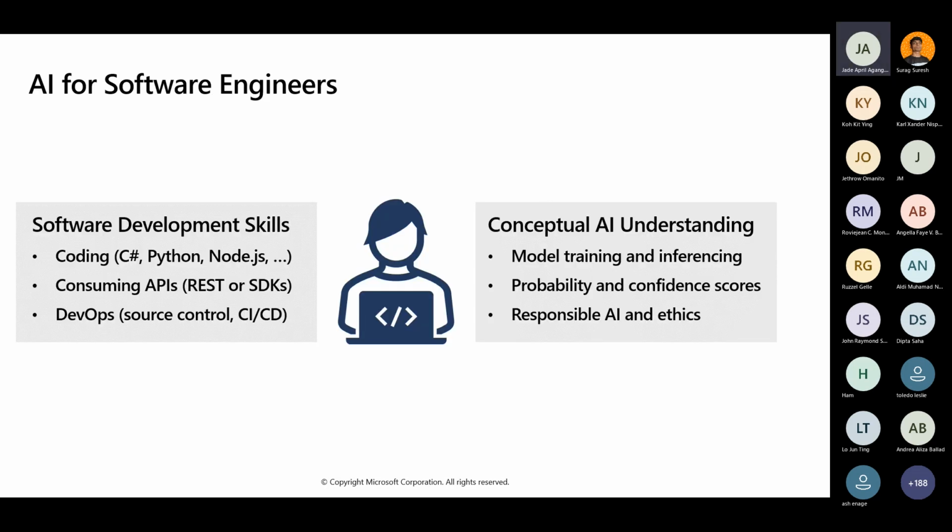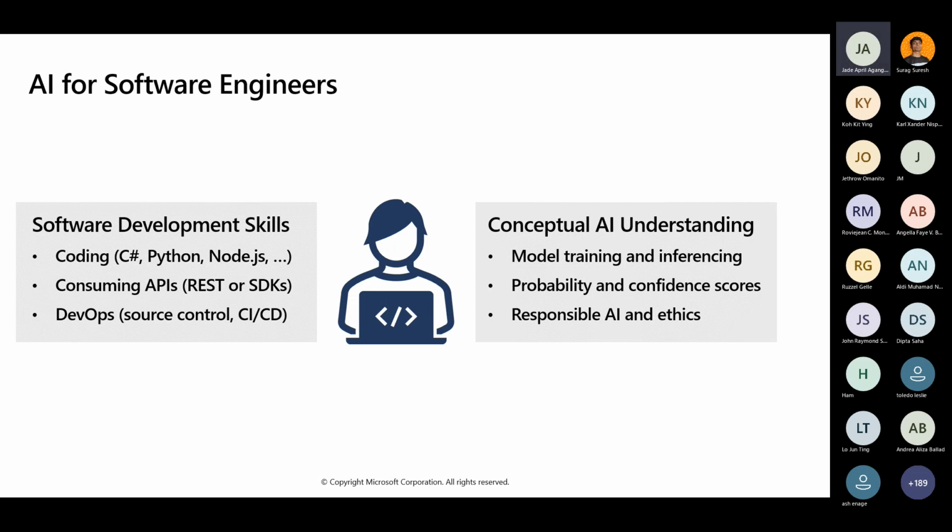Now, if we want to become AI or software engineers, these are the skills that are needed. We need to understand coding. C Sharp, Python, or Node are the languages that are required. We consume a lot of APIs, and of course, we know DevOps.